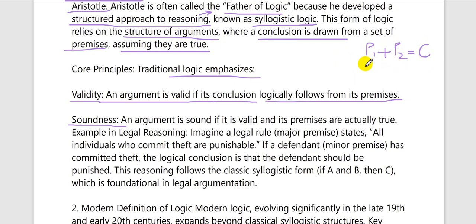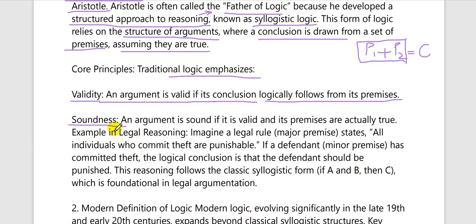So these are the set of statements or premises, P1 and P2, which logically lead us to a conclusion which is valid. So this whole argument is valid only if its premises logically take us to a conclusion.